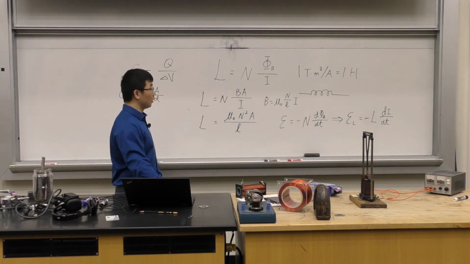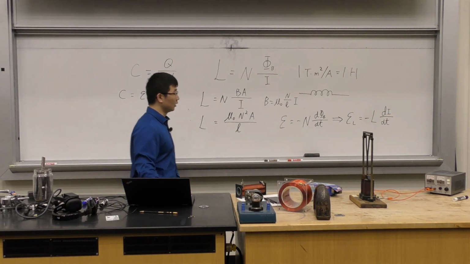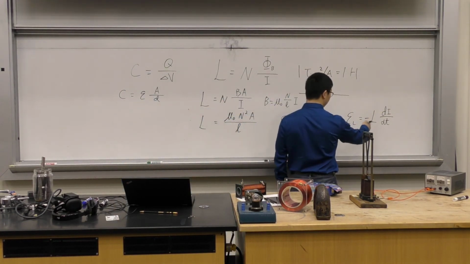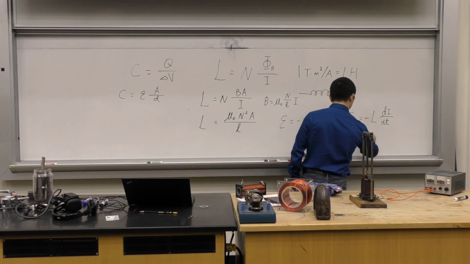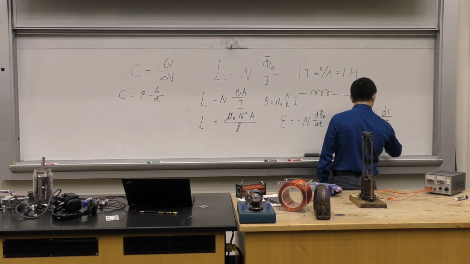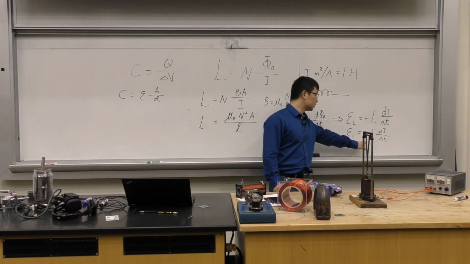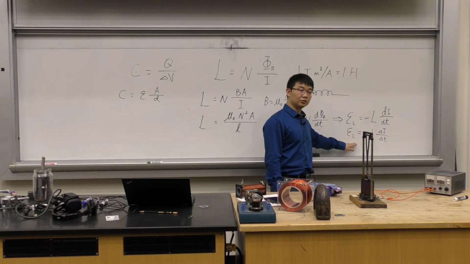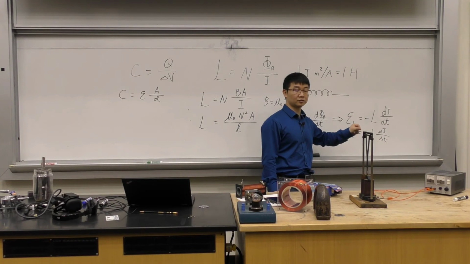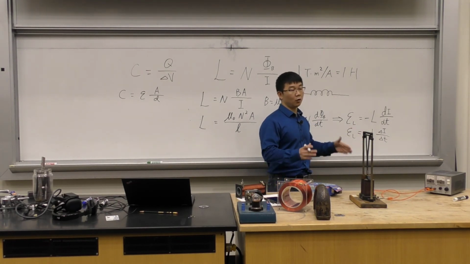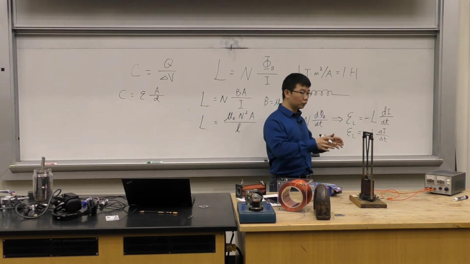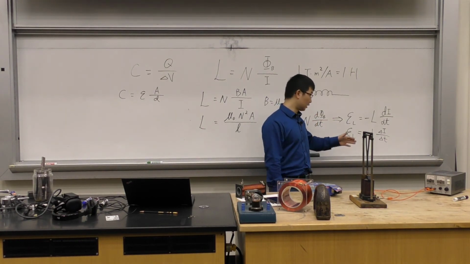All right, and when we use this equation, of course in this class we're not going to take a derivative, we're just going to do this. Changing current divided by changing time. And then again, the negative sign means that the induced EMF, induced current is always against the change in the flux. That's why there's a negative sign. As physicists, we always want to include as much information as possible in that equation.